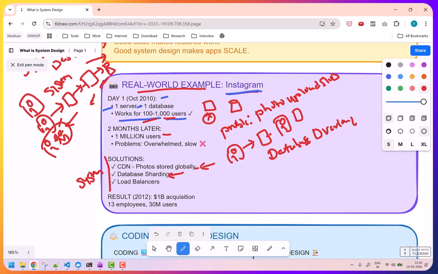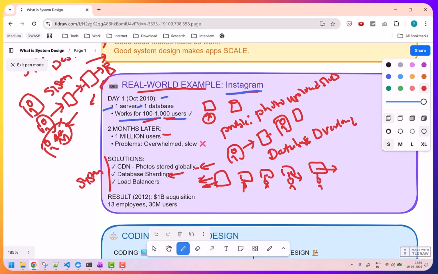So the database was the problem, and they brought sharding. With sharding, a single database is divided into smaller parts, and each part serves as a read replica. Initially all users were reading from one database; now some users can read from this, some from that.